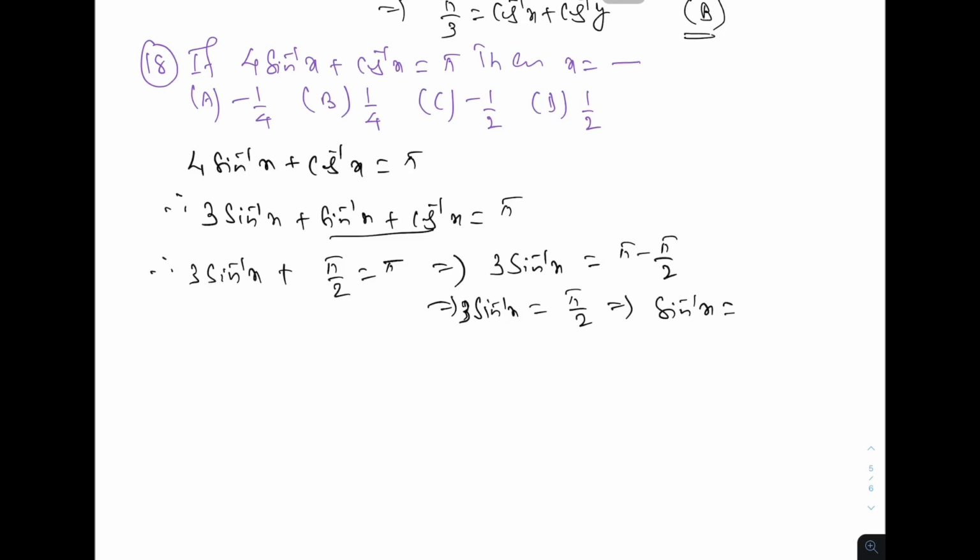And so sin inverse x is equal to pi by 6. That means x is equal to sin pi by 6, and that is nothing but 1 by 2. So the answer is 1 by 2.